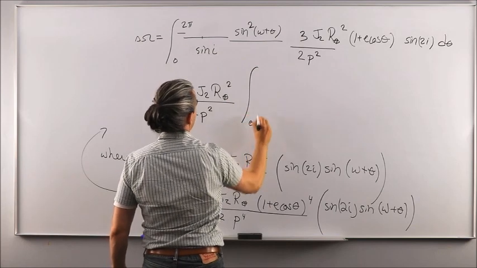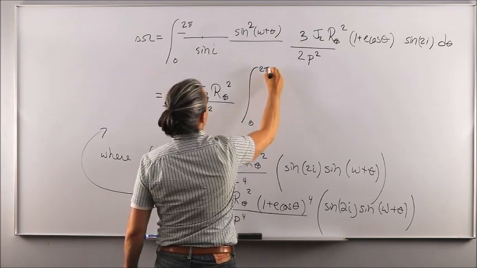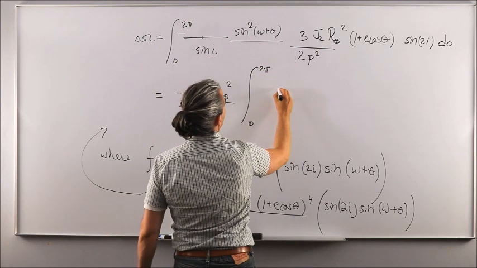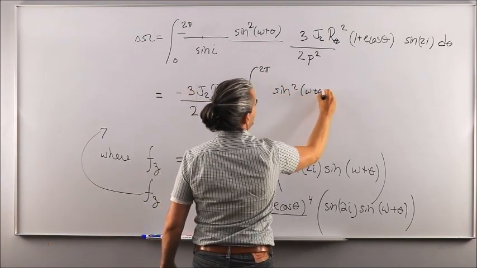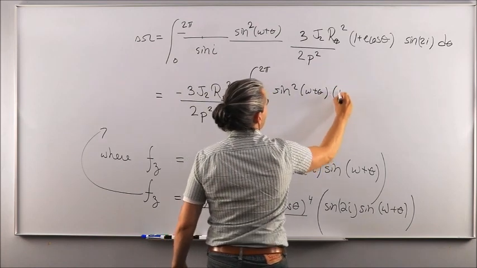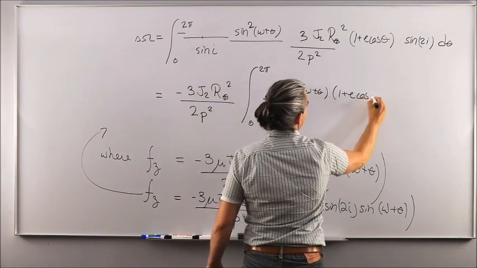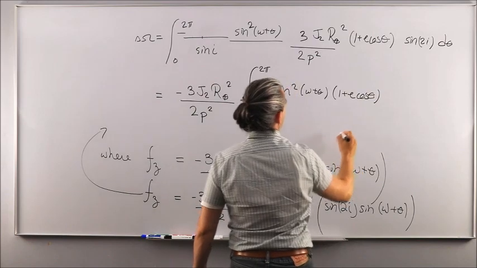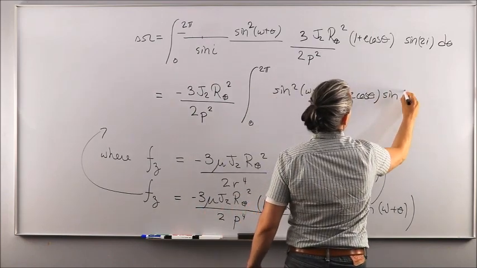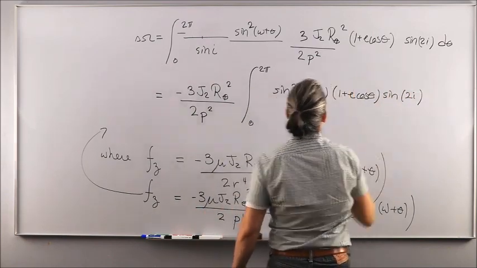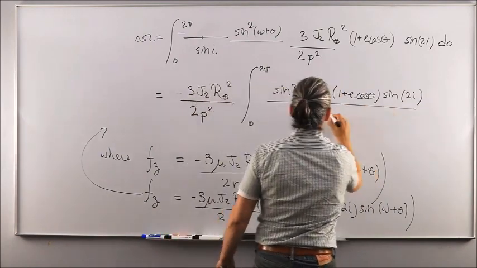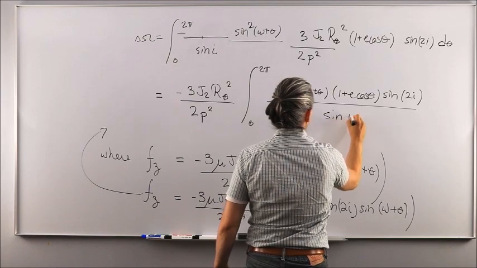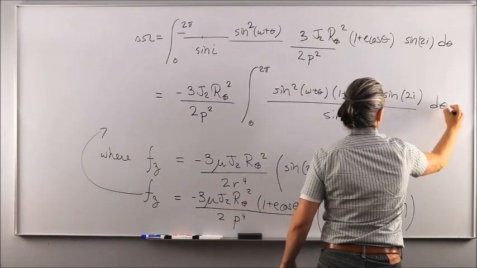Integral 0 to pi of sine squared omega plus theta times 1 plus e cos theta, sine 2i over sine i d theta.